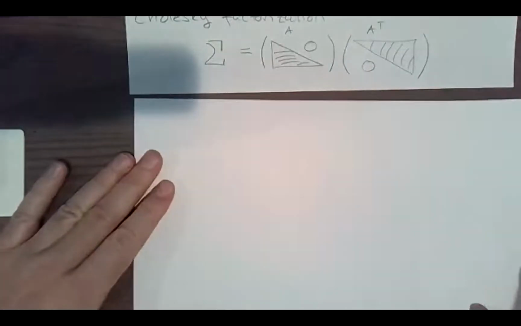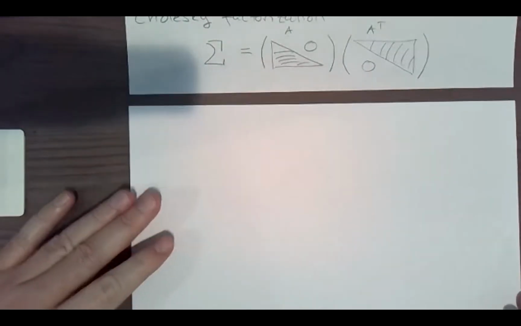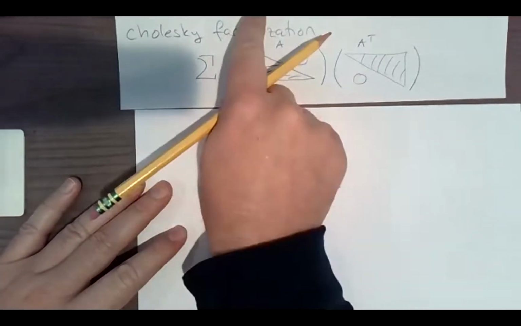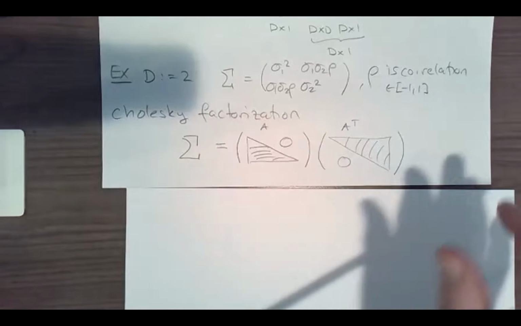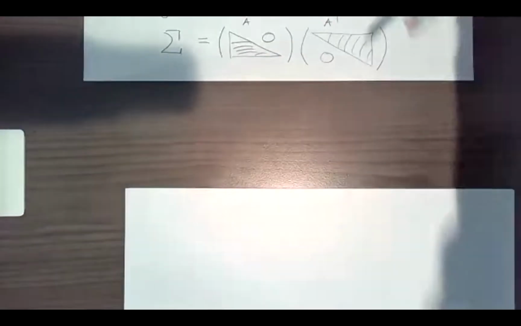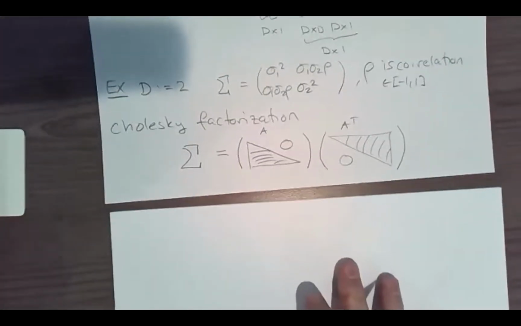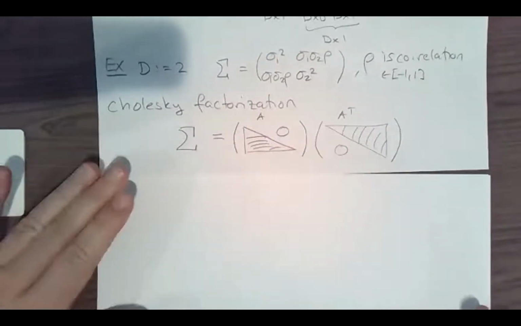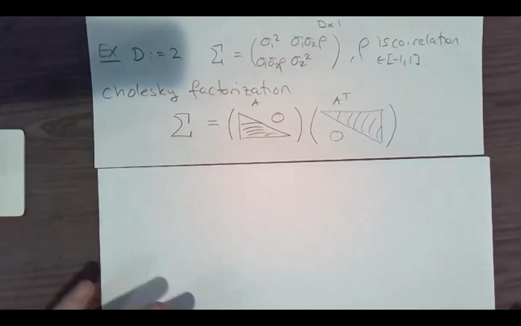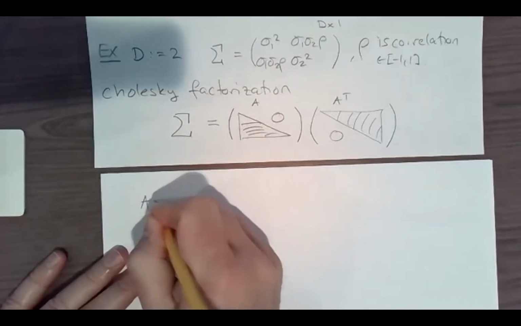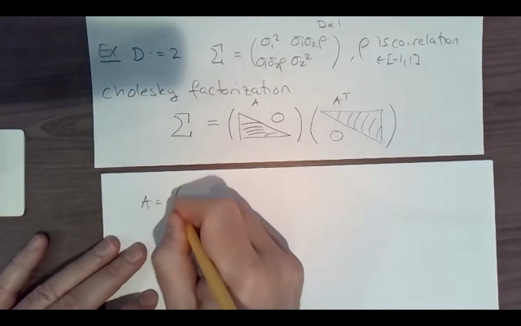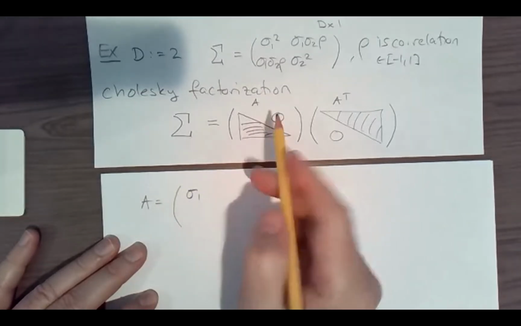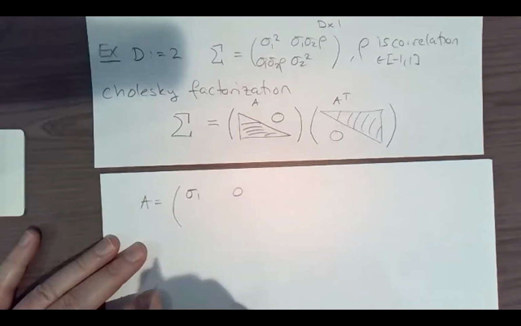The Cholesky factorization in the two-dimensional case: I have my sigma, and we want to write sigma as this product. We're going to have A to be sigma 1, and A is lower triangular, so we're going to have a 0 here.